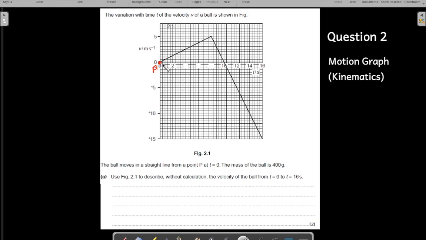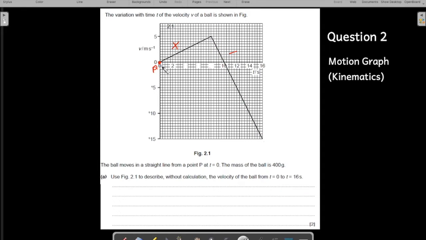If you look at the graph, it is made up of two straight lines, one straight line which goes up, another straight line which is going down. One is a straight line of positive gradient. Another that you see is a straight line of negative gradient.